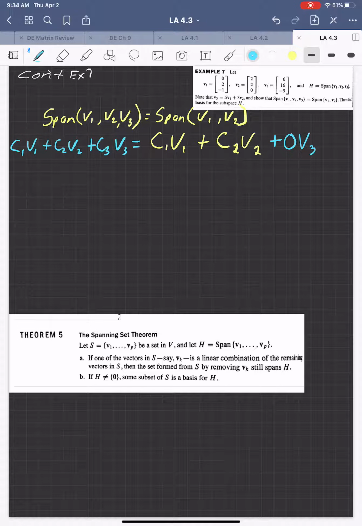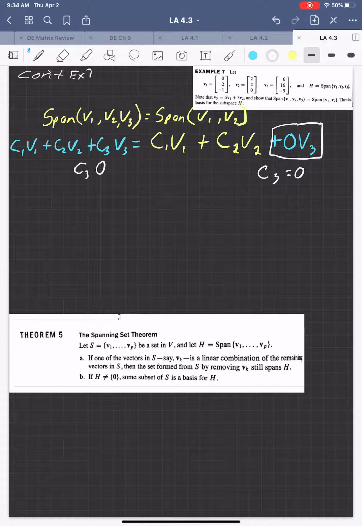The fact that v sub 3 is in the span of v sub 1 and v sub 2 is basically thinking about having a weight of 0 attached to v sub 3. So if c sub 3 has to equal 0 here, and I plug a 0 in for c sub 3, what am I left with?